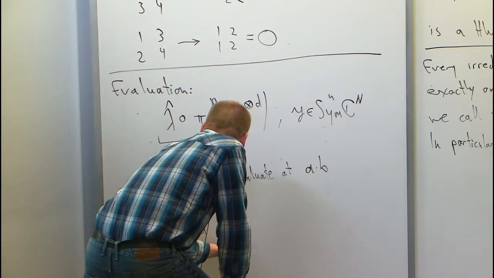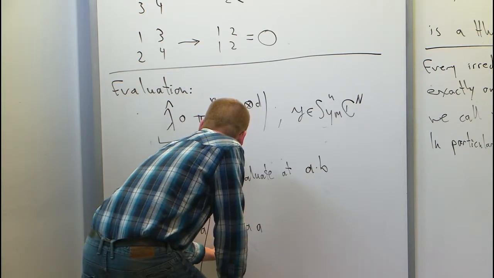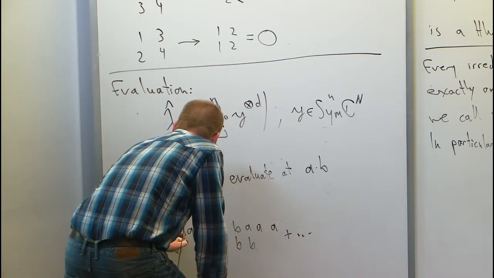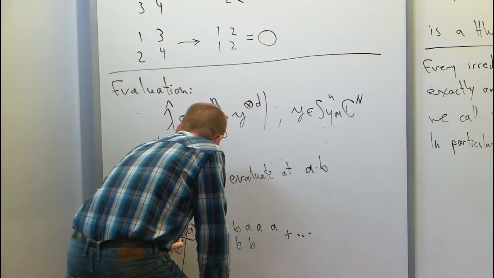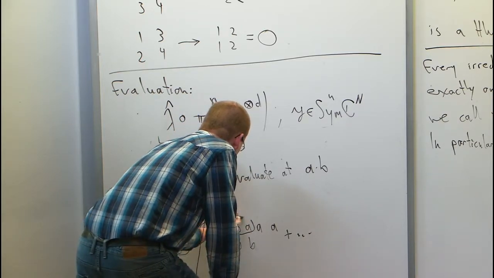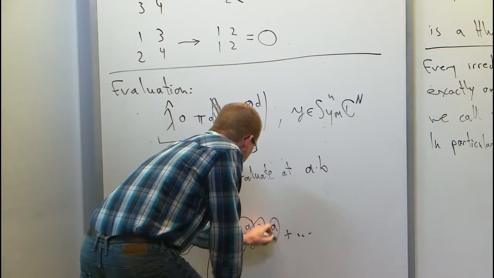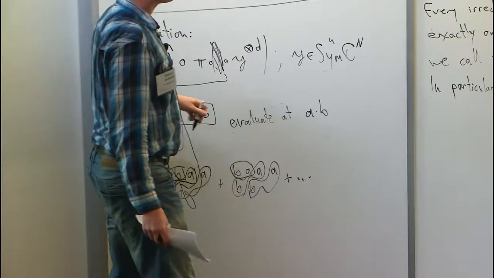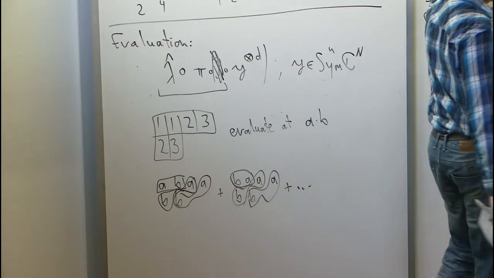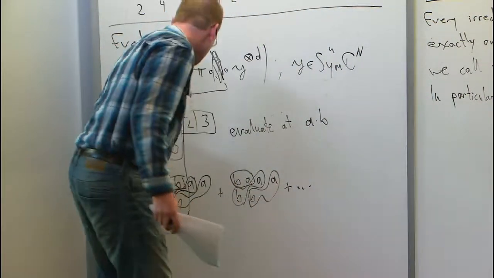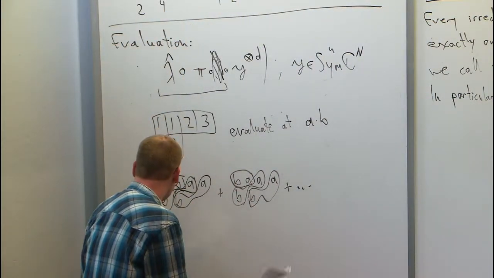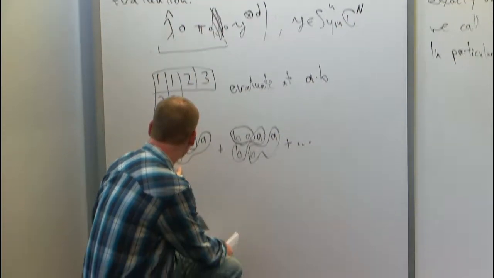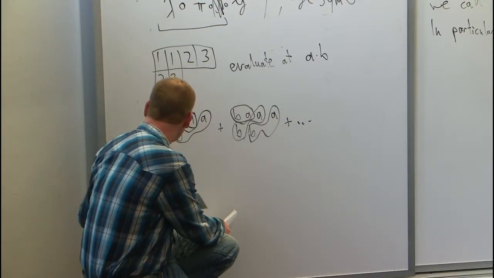So you put your vectors into your blocks, and it will get messy. In every block, you have exactly an A and a B. That's the requirement, because AB is where you want to evaluate. And then, what are those numbers? Those numbers are the contraction of these determinants here. So each of these summands is exactly one determinant. So it's the determinant of AB here, and that's the determinant of BB, which is 0.